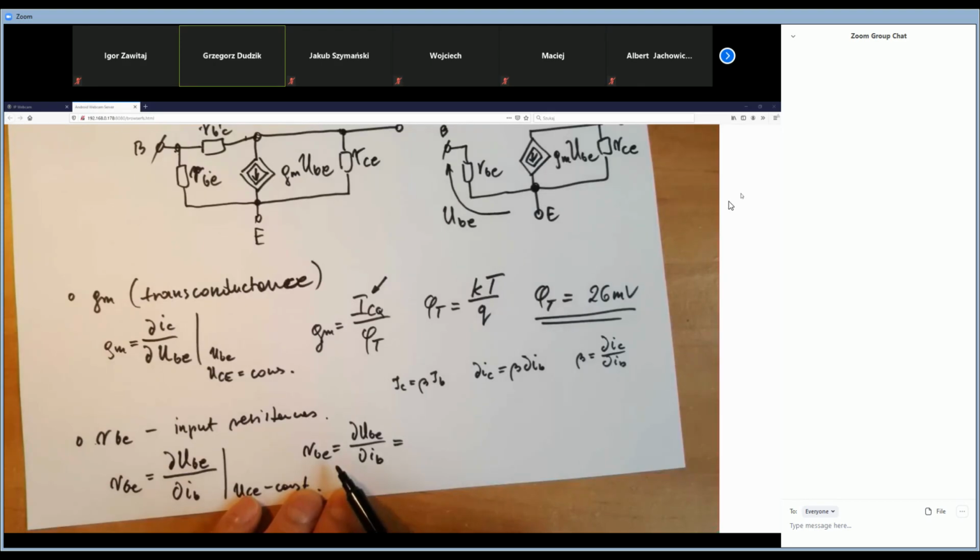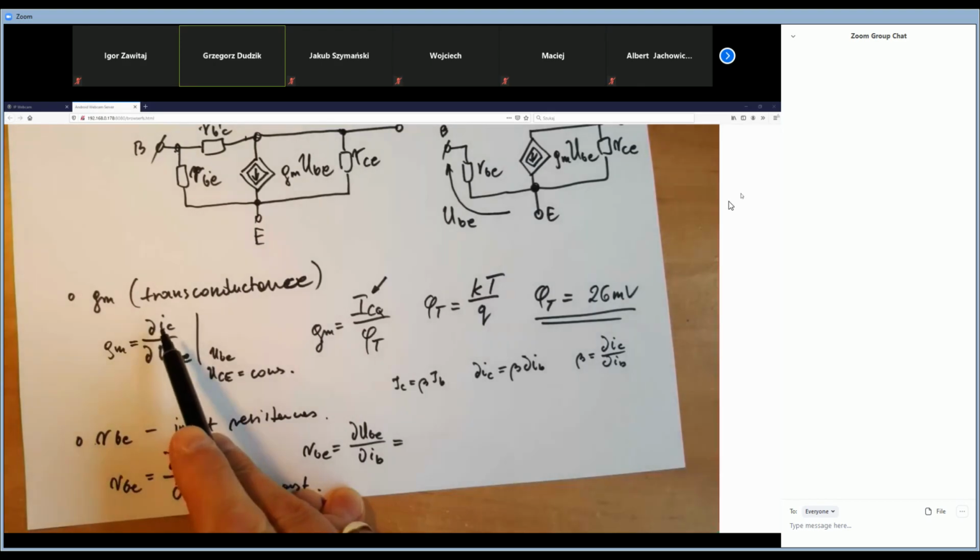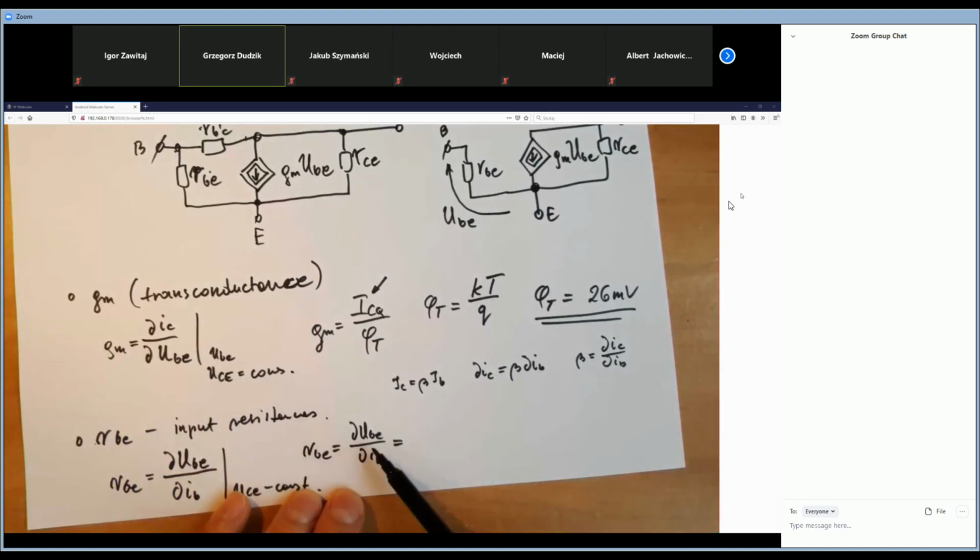Look, GM is IC over UBE. We've got the IB here, but we haven't got the IC.